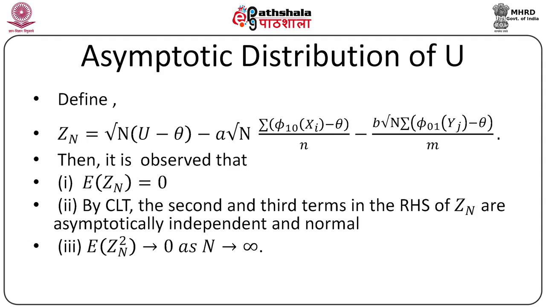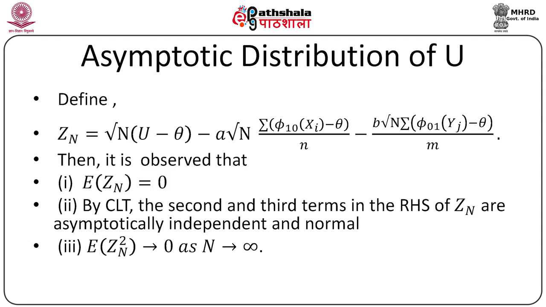Then it is natural to see that expected value of Zn is 0, and summation i from 1 to n phi 10 of Xi minus theta, divided by small n, is the average of IID random variables. Therefore, by CLT, the second and third terms in the right hand side of Zn are independent and asymptotically normal. Moreover, expected value of Zn square tends to 0 as n tends to infinity. Thus, Zn converges in probability to 0 as n tends to infinity.